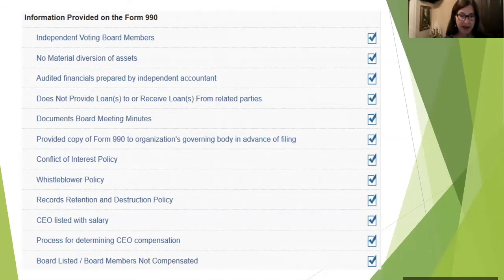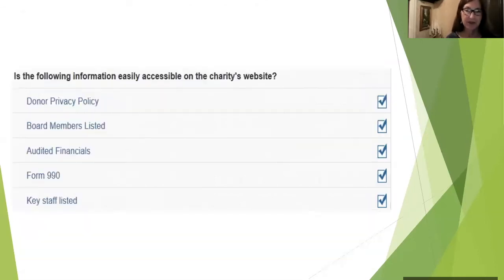And these are the key things that they think you need to have, and that's what they use to evaluate whether or not to give you an administrative 100%. So next slide. And donors look at this. They do look at it. So you should be concerned about it too. Then one of the other things they look at is what information is on your organization's website.